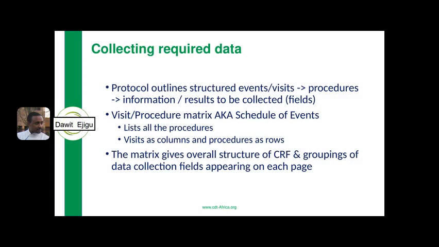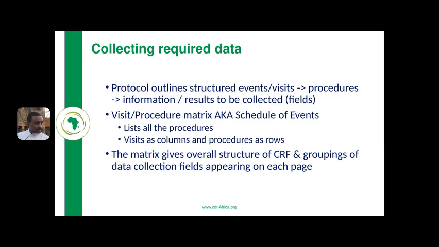When we look at collecting required data, which is a primary objective of CRF design, we need to refer to the protocol for all the data that's required in the study. The protocol outlines structured events or visits, procedures, and information or results to be collected as fields.